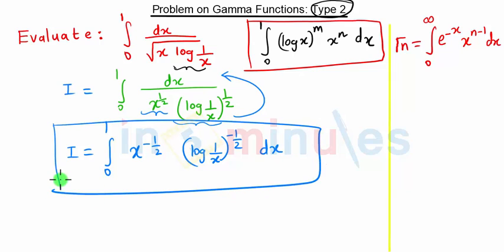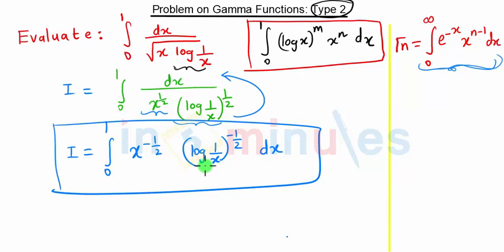So for that, we need to evaluate this integral, or we have to represent this integral in the gamma form. To represent the integral in this form, we have to substitute for this log of 1 by x. Instead of log of 1 by x, we need some e raised to a term.